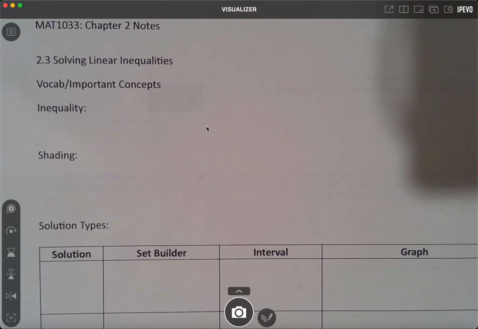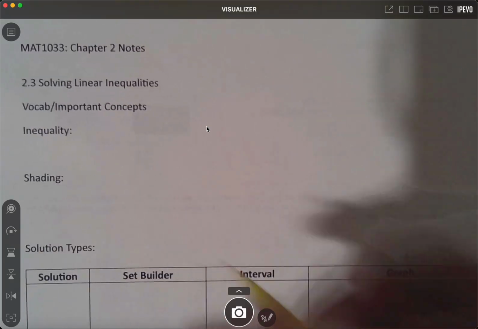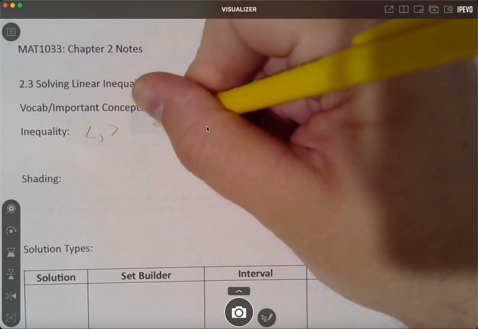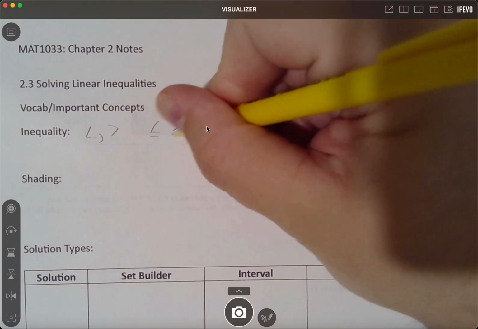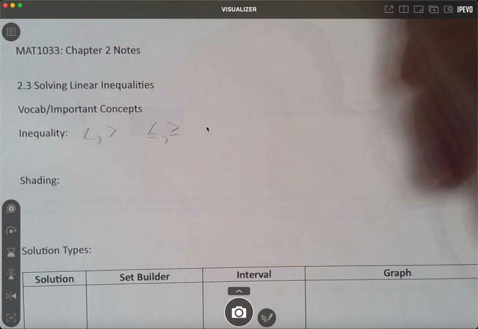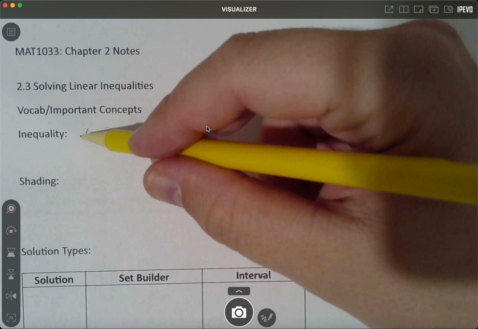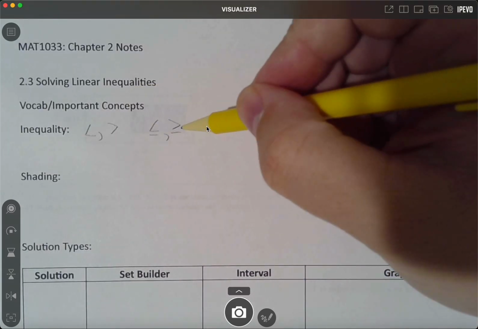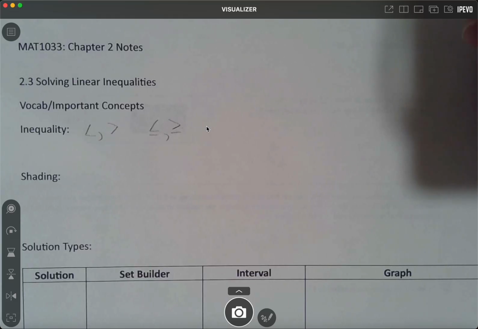For the third, we're going to talk about inequalities, and we're going to talk about simple linear inequalities. And so the first thing is, what is an inequality? Well, it's these. The less than or equal to, or the less than or greater than, and the less than or equal to or greater than or equal to. All right?